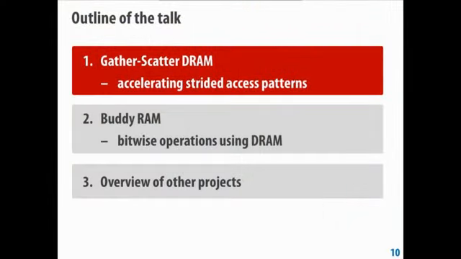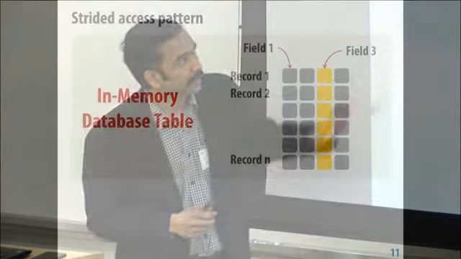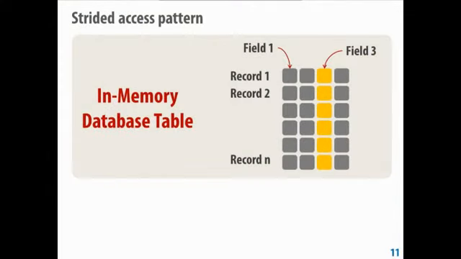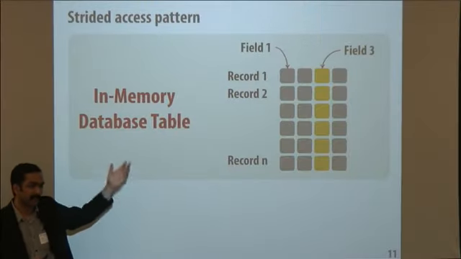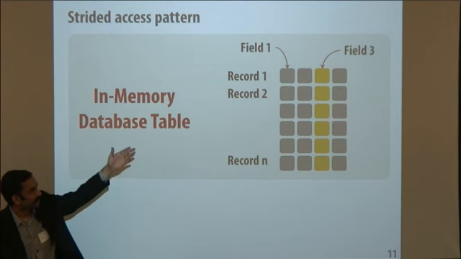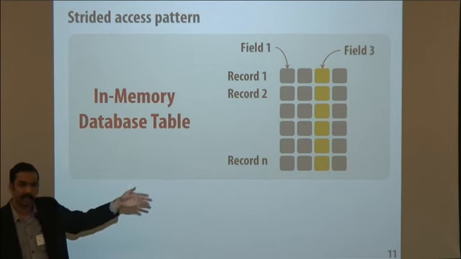Okay. So let me jump into the first part of the talk. In this slide, I'm essentially using an in-memory database table to describe what a strided access pattern in a modern system may look like. On the right, we have a picture of a database table with multiple records and multiple fields. I've highlighted the third field in yellow.